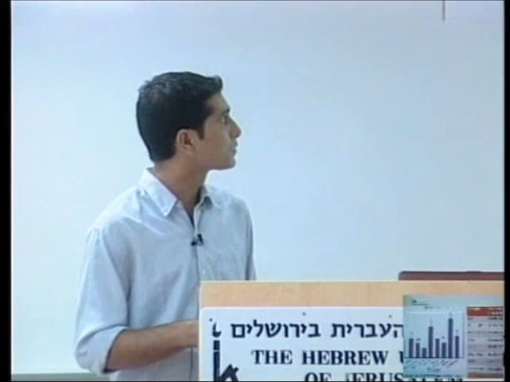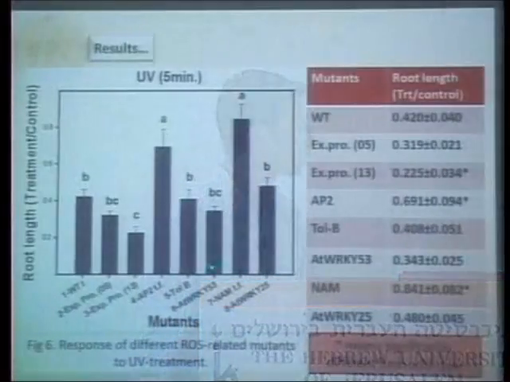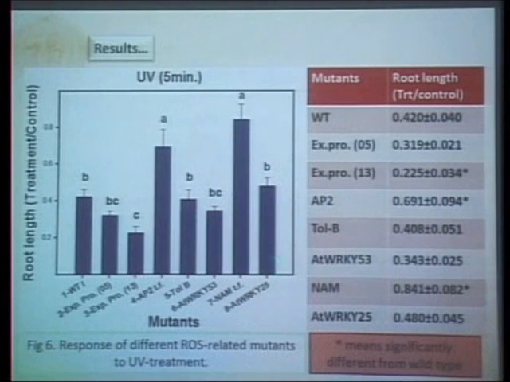On treating the mutants with UV light, we found that the wild type itself is sensitive towards the UV treatment, and the expressed protein resembles wild type, so do ROCK53, TOL-B and ROCK25, whereas AP2 transcription factor and NAM transcription factor mutants were protecting the plants against UV stress, which means when these genes are expressed themselves, they increase the sensitivity of the plants towards UV stress.